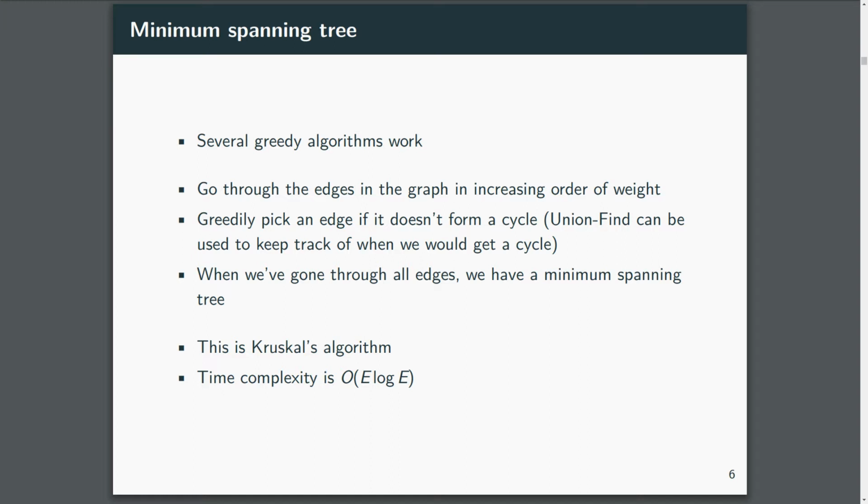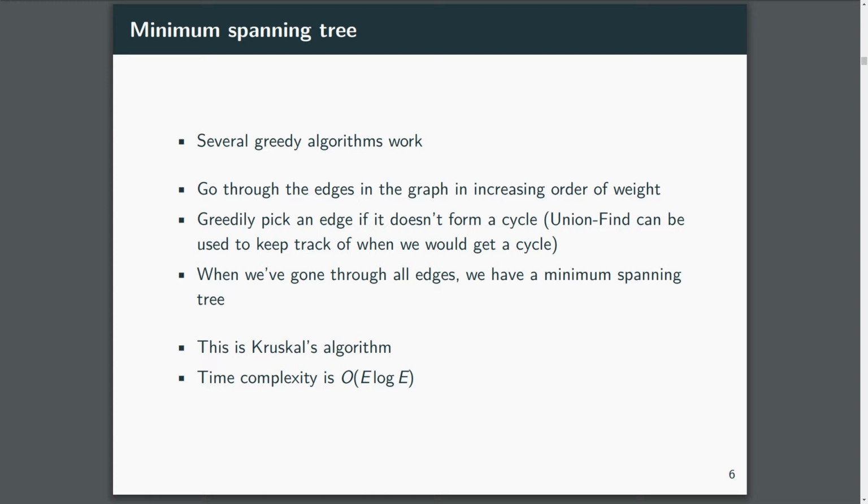And here a couple of greedy algorithms work. One in particular is Kruskal's algorithm. There we sort the edges by weight, and then we iterate through them in increasing order. We then just greedily pick the smallest edge if the two vertices are not already in the same group, to check if there's a cycle.